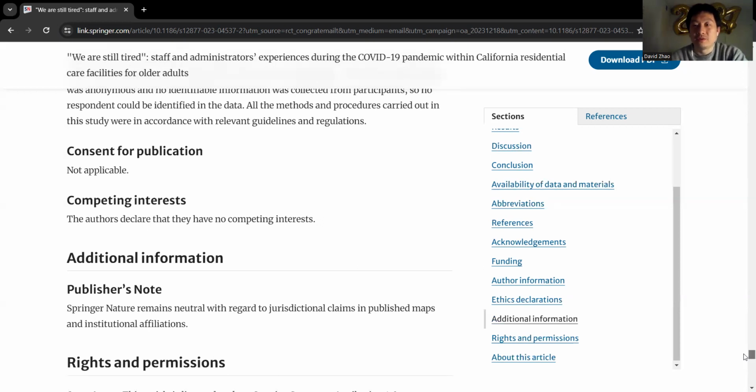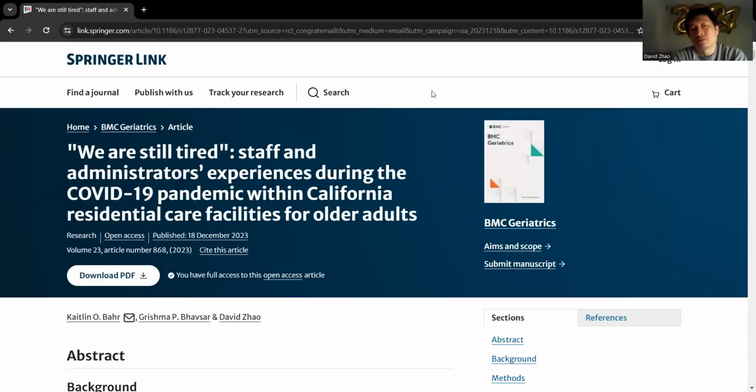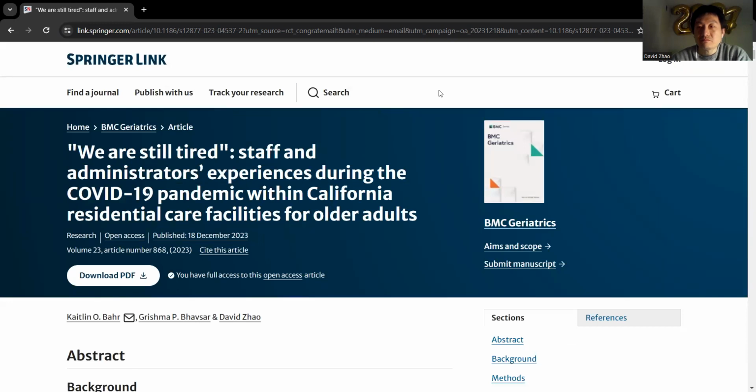And then the various miscellaneous sections, which are the norm of the paper contents. So overall, it took my mentors and I a tremendous amount of time, especially when I was responsible for conducting the background and results section.